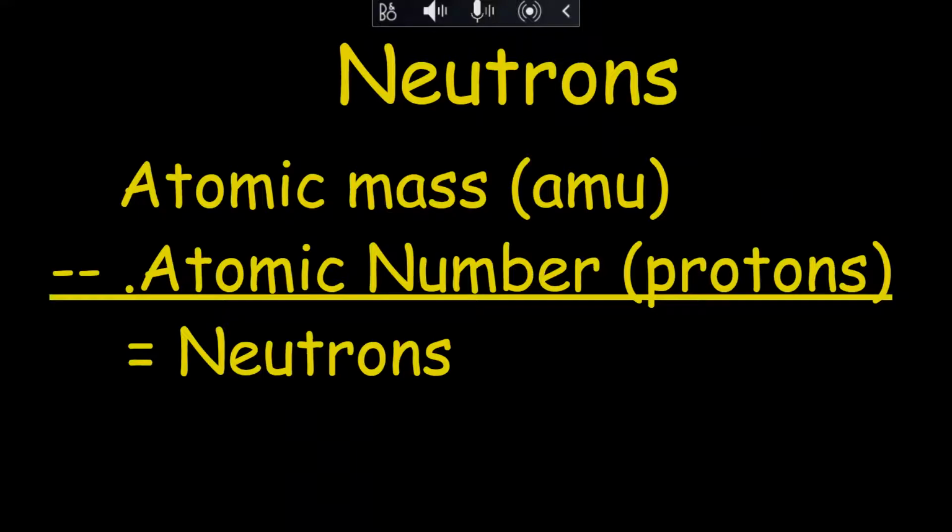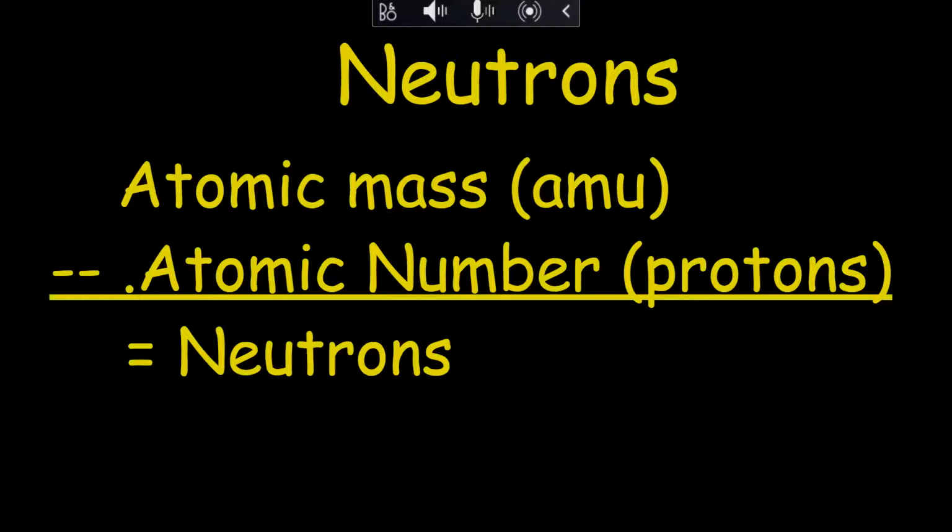So if the mass that has been given to you is different from the rounded mass on the periodic table, it is an isotope. Now, if you need to figure out the number of neutrons, what you do is you take the mass given to you and you subtract out the atomic number, which is the number of protons.